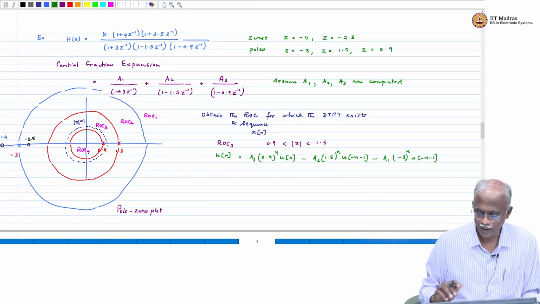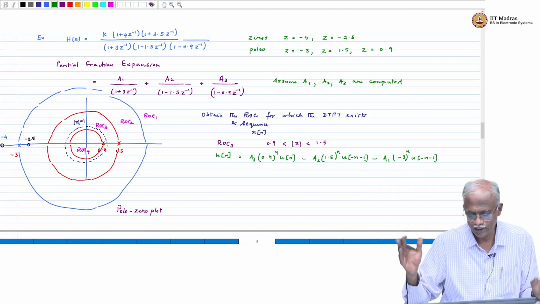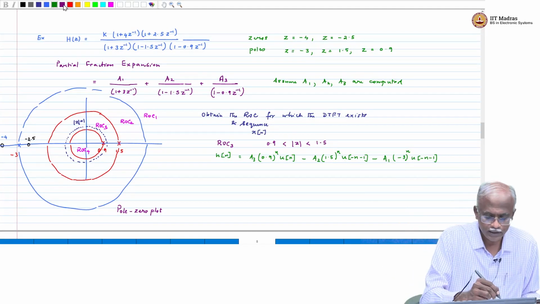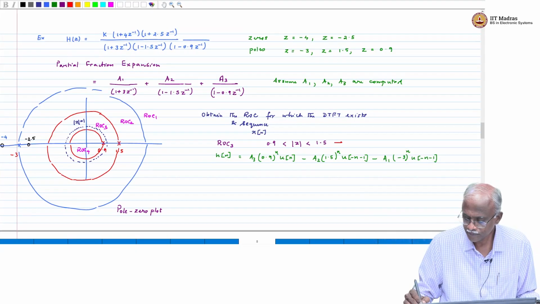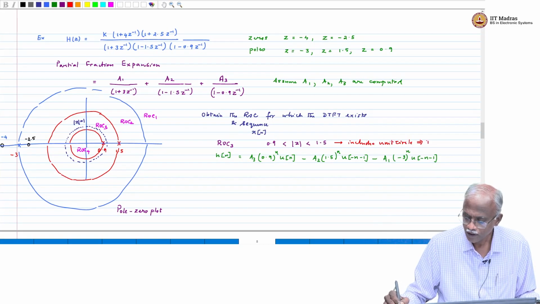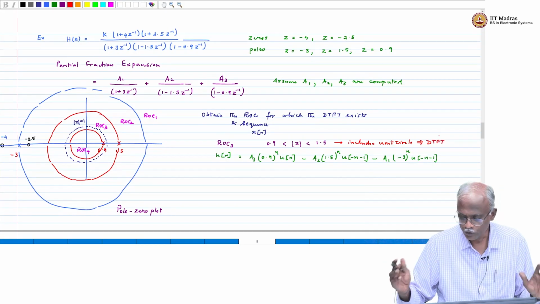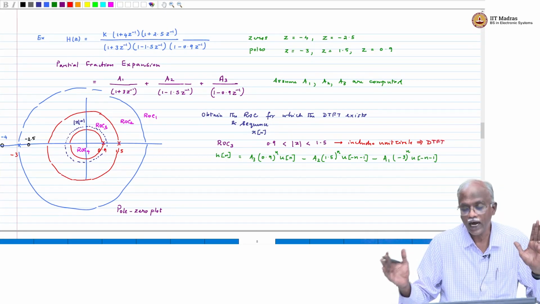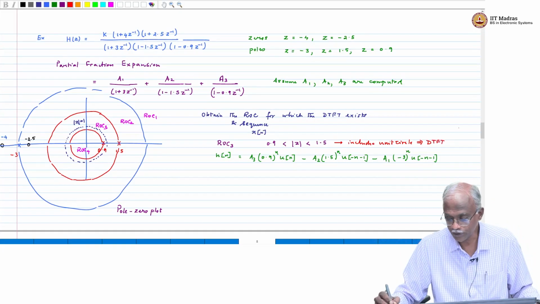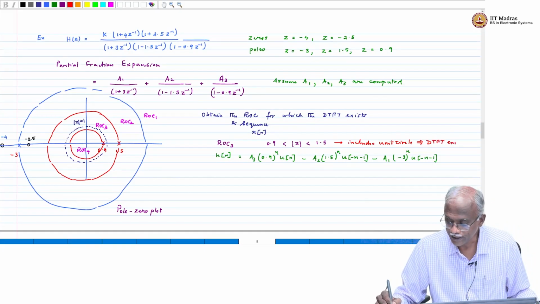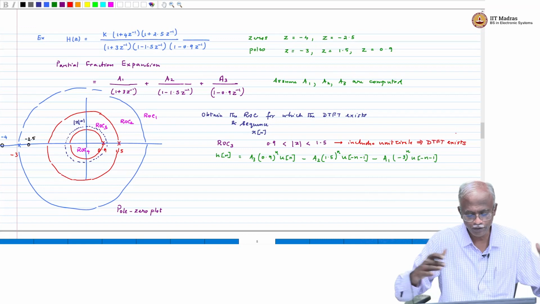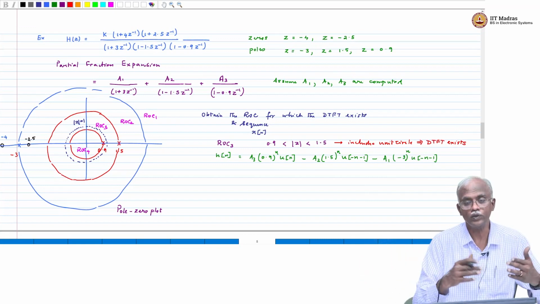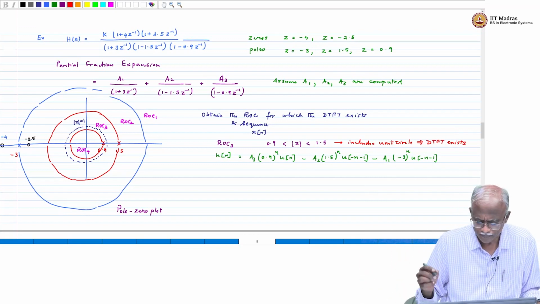Please verify that this is the sequence, and this ROC includes the unit circle, which means that the DTFT exists. So it is very useful to look at the ROC and find out which is the ROC of interest. The DTFT exists for this, and it does not exist for any of the other ROCs because they will not include the unit circle.